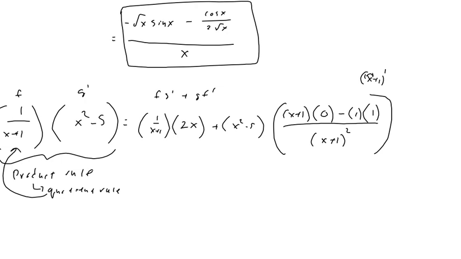Now I can simplify a little bit. This is going to become, okay, I guess this is 2x over x plus 1 plus x squared minus 5 times. This times 0 is going to go away. 1 times 1 is going to be 1, so it's going to be negative 1 over x plus 1 squared.